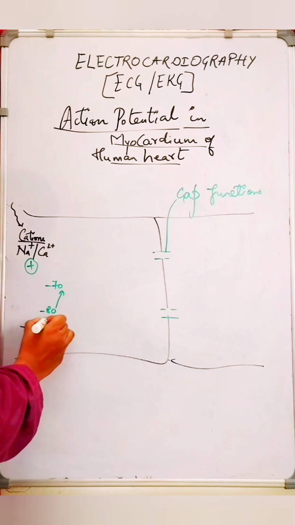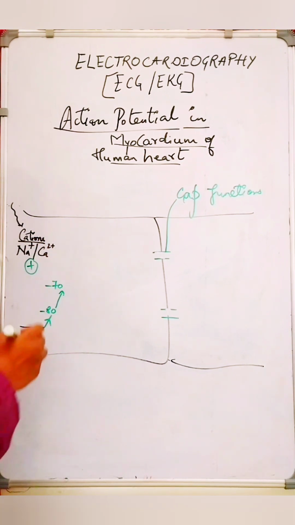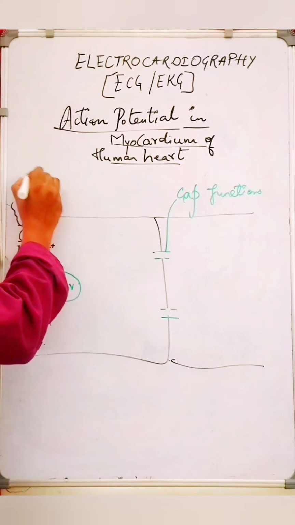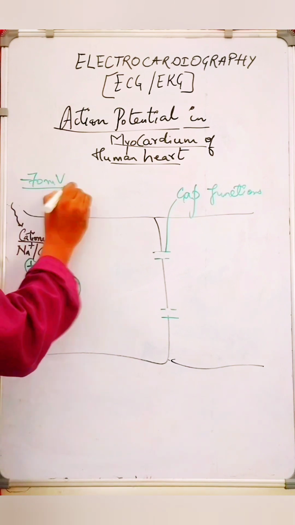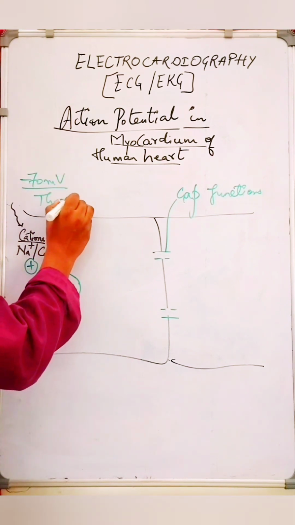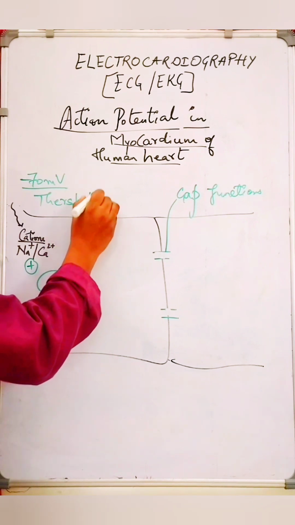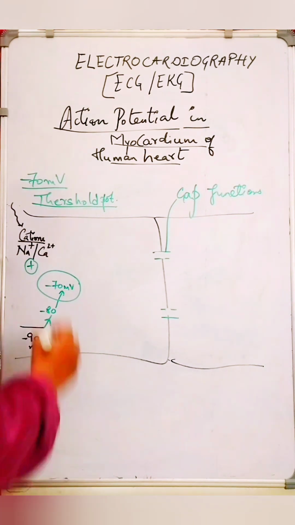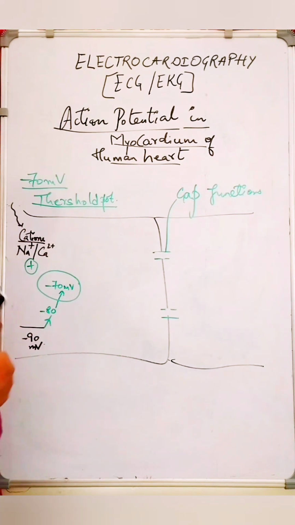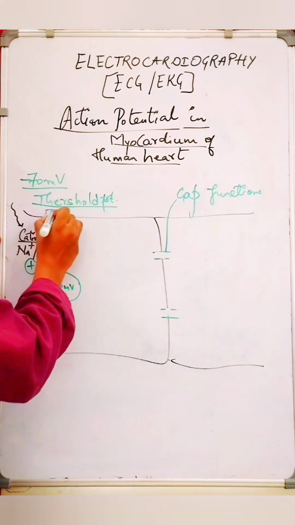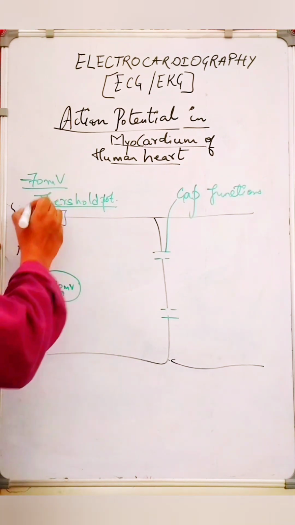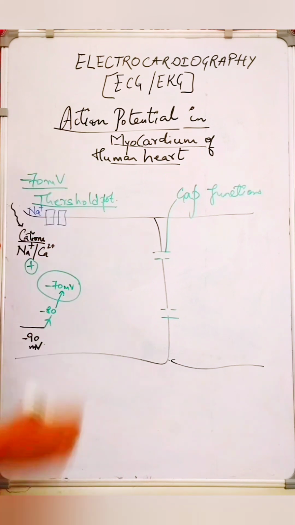Now what is going to happen? This value, minus 70 millivolt, is called the threshold potential. At threshold potential, suddenly the sodium voltage gated channels will open, because outside, sodium ions are present.